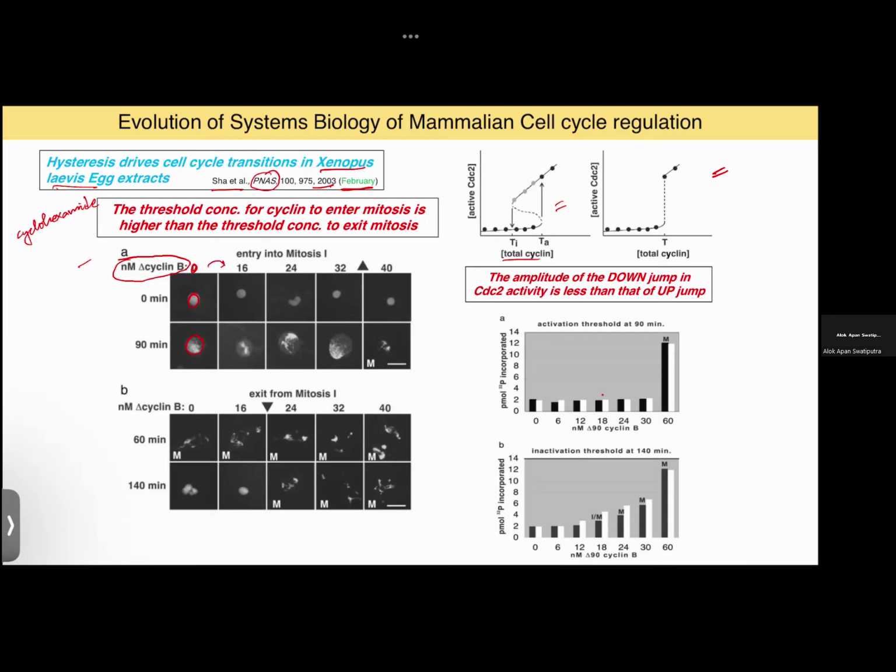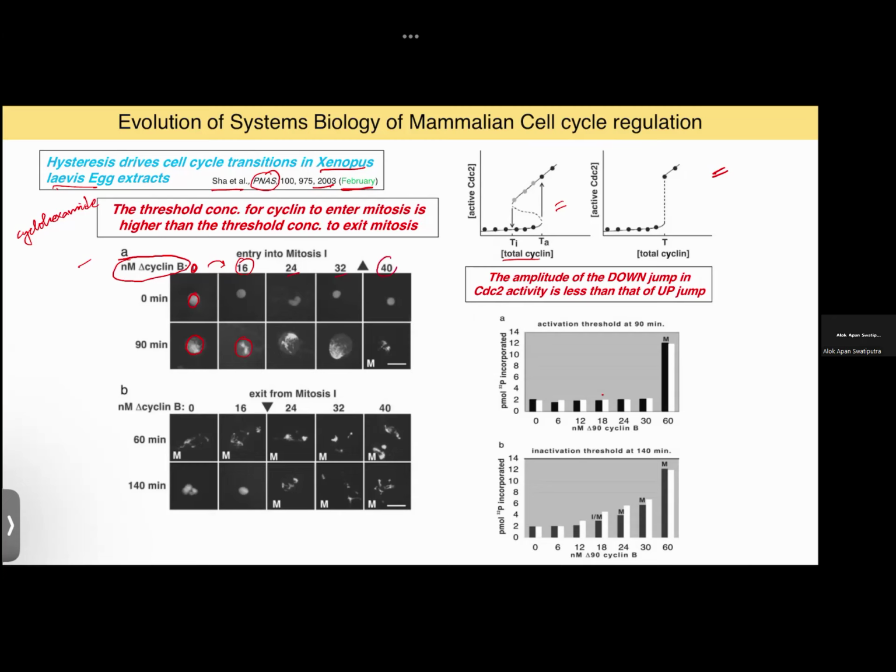When they increased the dose, for some other cell fixed with cycloheximide at 0 minutes, they added 16 nanomolar of this external special type of cyclin. Even in that case, after 90 minutes, the envelope was intact. Same for 24, same for 32.